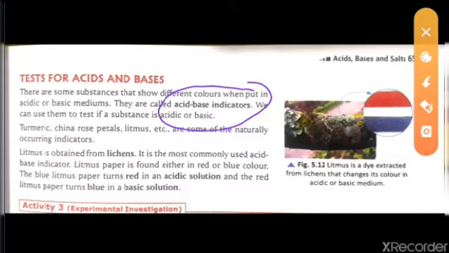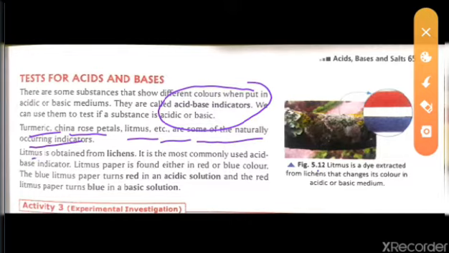There are some indicators found in nature that will indicate whether something is a base or an acid, by changing color. Examples given are turmeric, china rose petals, litmus, etc. These are some of the naturally occurring indicators. Turmeric is what we use while cooking food, present in everybody's kitchen. So a natural acid-base indicator is present in our kitchen.